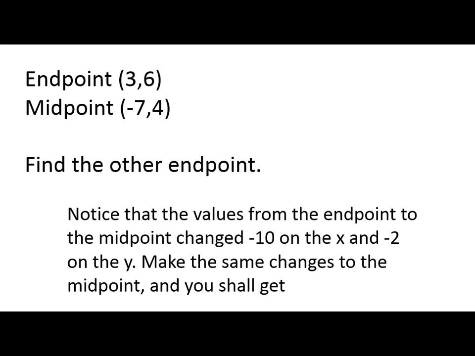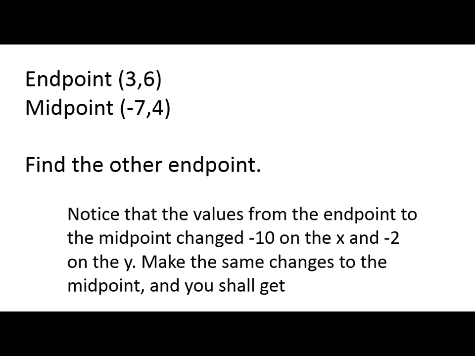I just said you should get, because I'm going to write the coordinates to the midpoint. Once again, notice that the values from the endpoint to the midpoint change negative 10 on the x and negative 2 on the y.